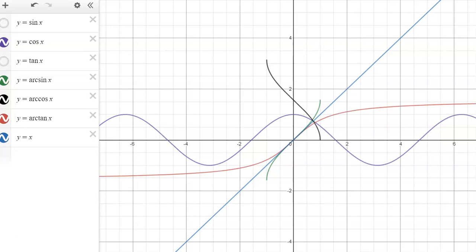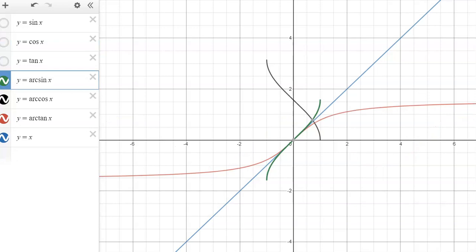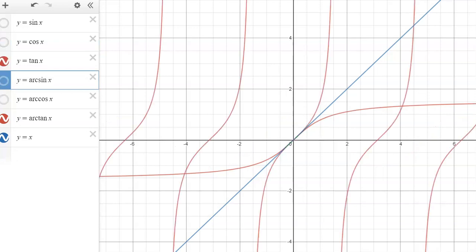And if we look at what arctan is, well, this does go infinitely wide. Let's get rid of the other ones so we can see what it looks like. So here's tan. What you can see is we've just taken this one curve here and reflected it. Again, we've got to do that because if we reflected all of them, then we would get the one-to-many relationship, which we're not allowed.